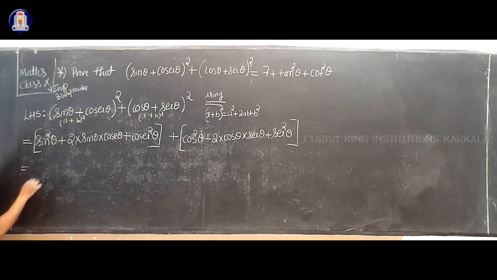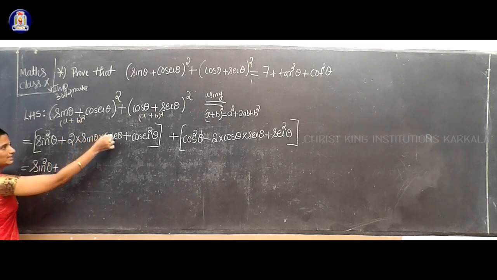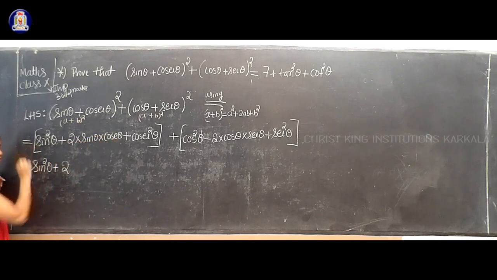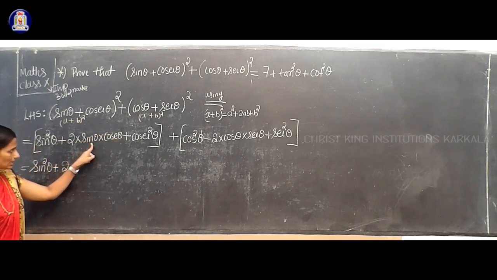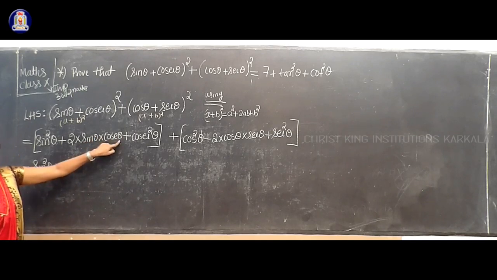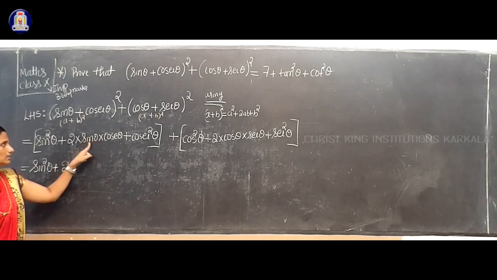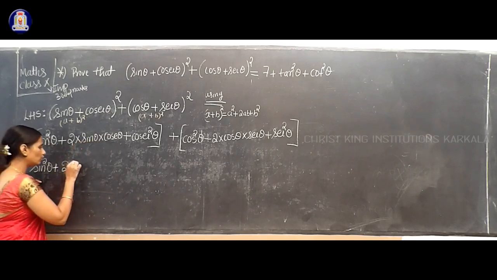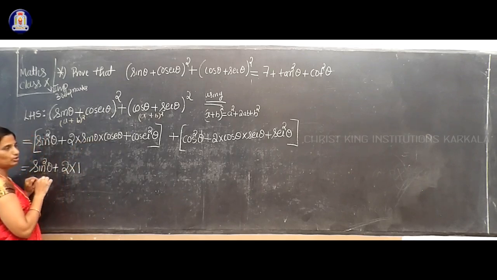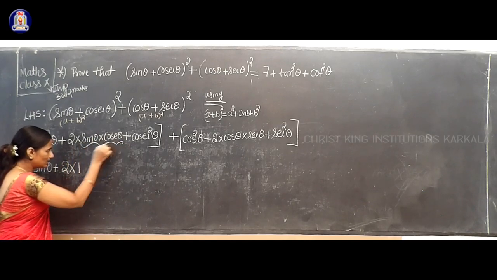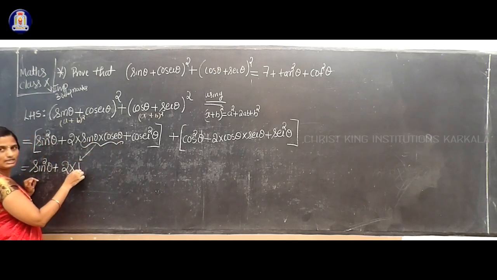Just remove the brackets. It is sin square theta plus 2 into sin theta into cosecant theta. Between sin and cosecant it is multiplication. Can you replace it as equal to 1? Yes, sin theta into cosecant theta is 1 from your formula list.